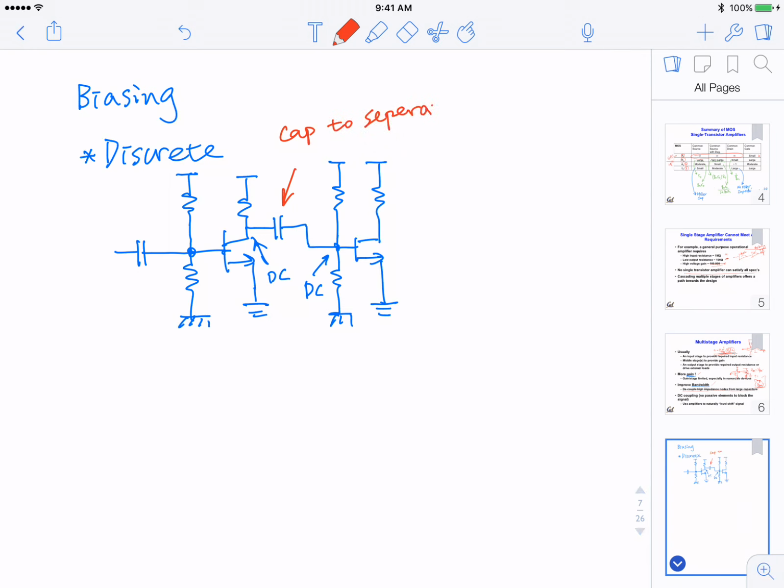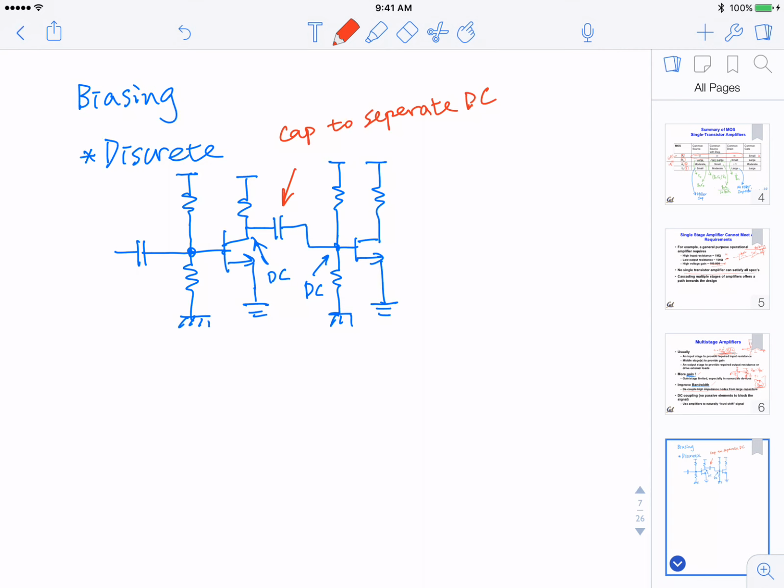So we don't worry about the left side DC and right side DC if they don't match, or if my output swing changes the bias of the following stage. That's obviously not desirable, so a capacitor fulfills that job.